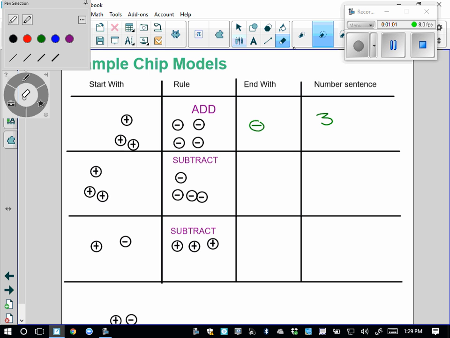Sorry, I thought that's what I said. So 3 minus negative 4. Correct. Wait, no. Oh, 3 plus 4, because it says add. And then equals negative 1. And then I'm putting back Jack's work in here.